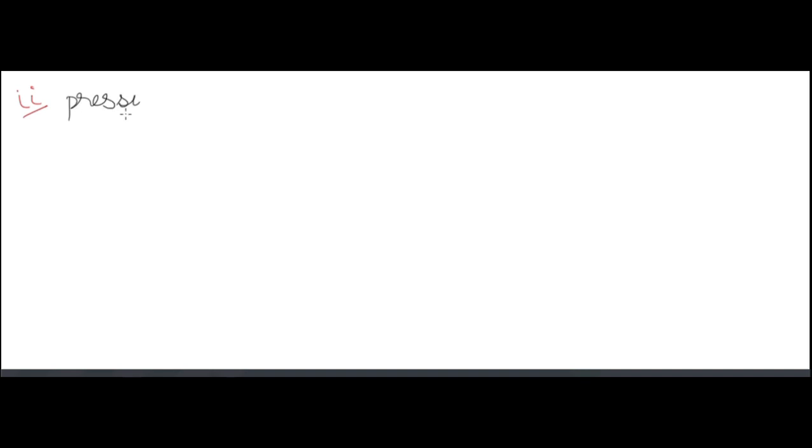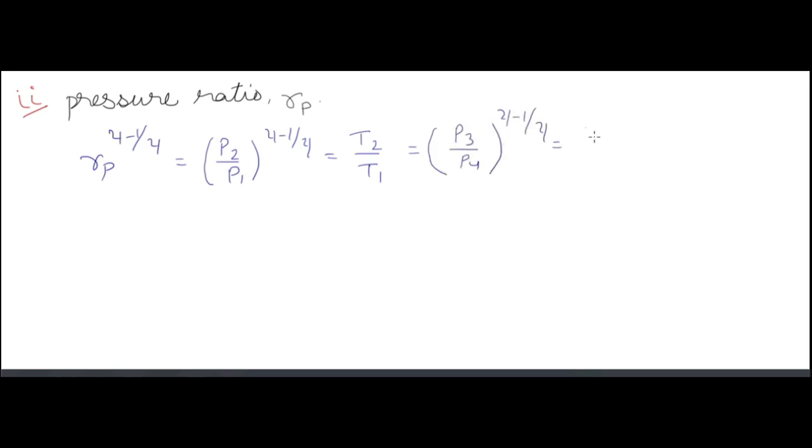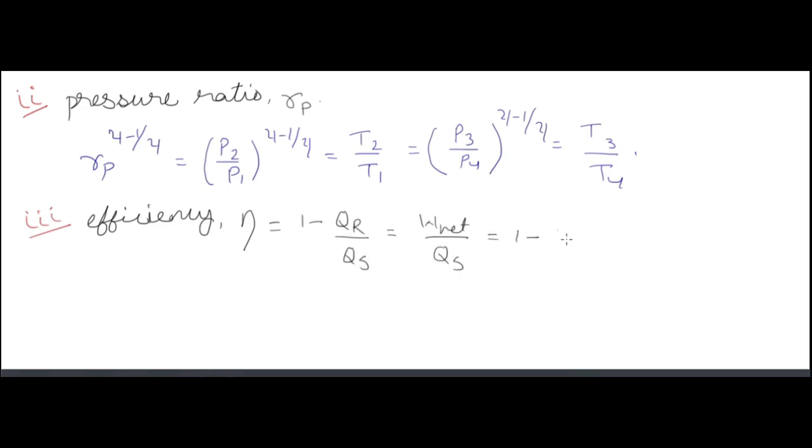Now pressure ratio. In a perfect or ideal Brayton cycle, the pressure ratio is constant for expansion and compression both. So Rp to the power gamma minus 1 by gamma, because it's an adiabatic process so gamma is there.